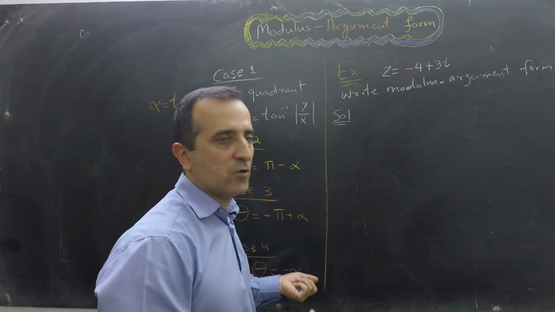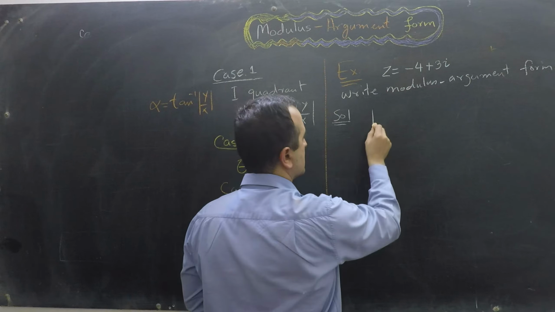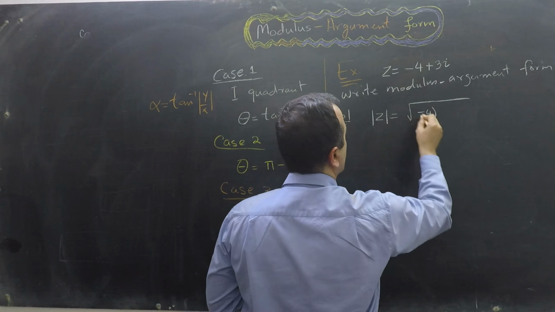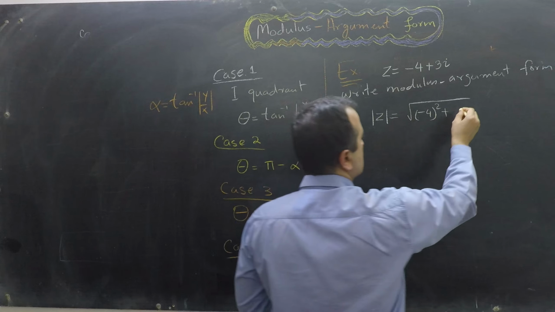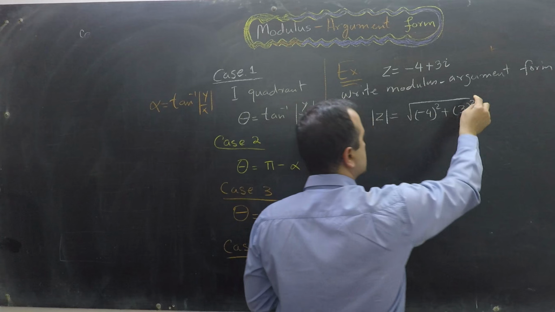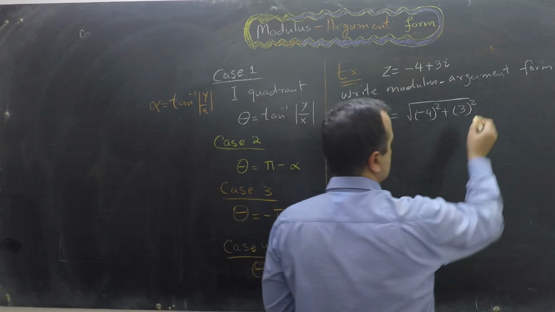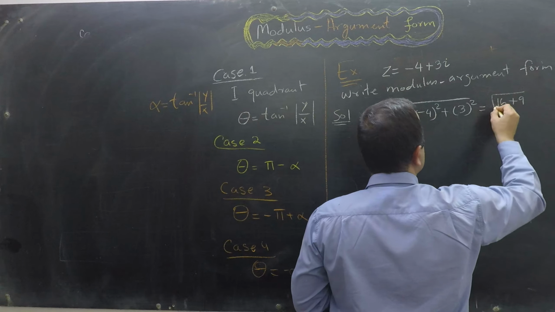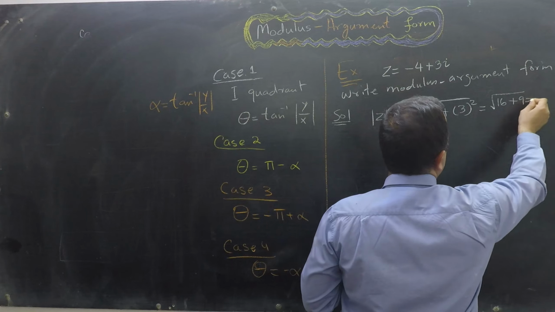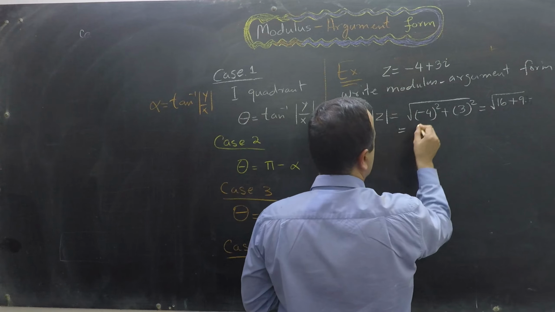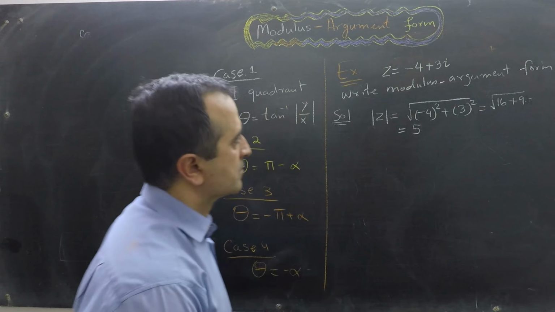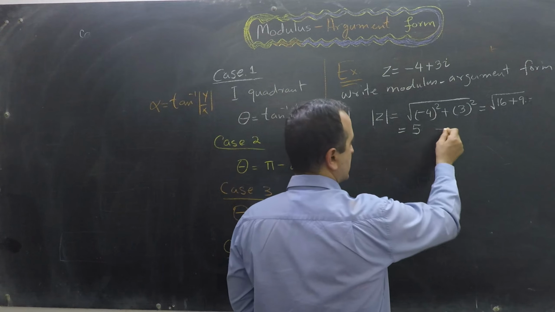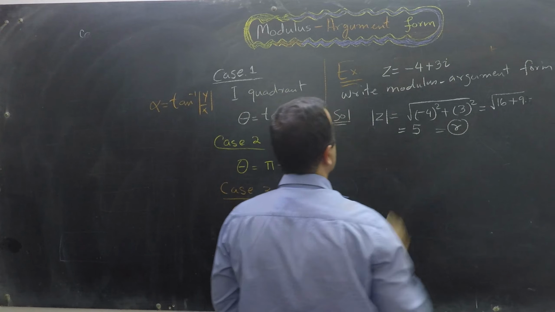First, let's find the mod of my number. The mod will be the square root of minus 4 whole square plus 3 whole square. This will be equal to the square root of 16 plus 9, and this will be equal to 5. So we have our mod, and this will be my radius also. So mod is equal to radius.